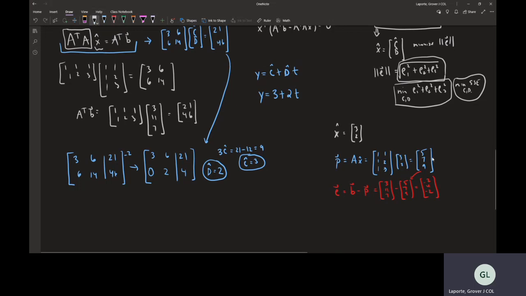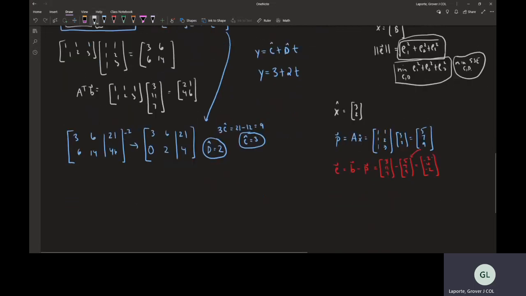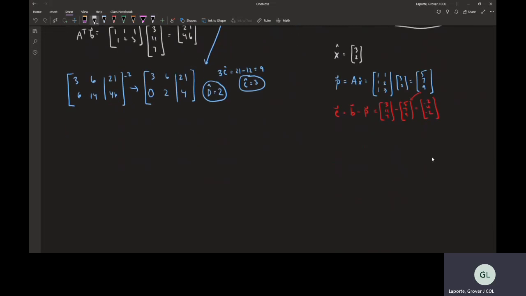Hopefully you see why we did what we did for our previous. So I don't know if you remember, but last class we had AX equal to some B, and there was no solution to it. And so what did I do in R?